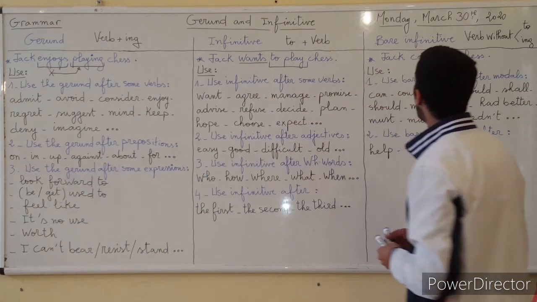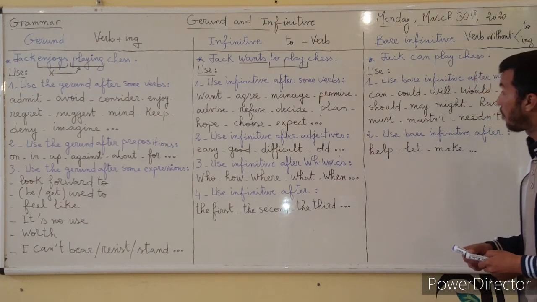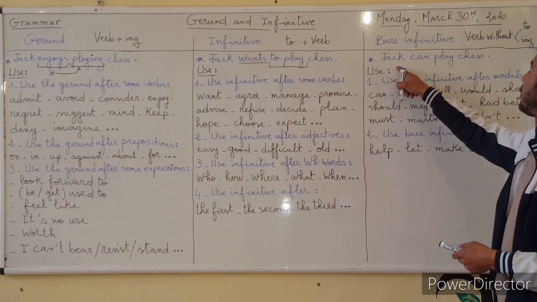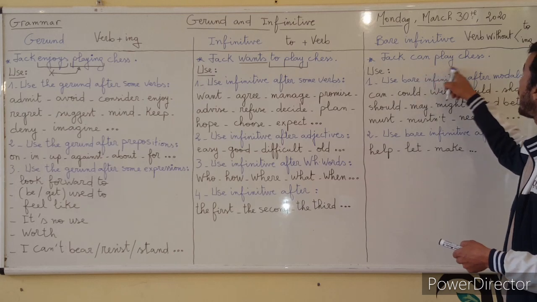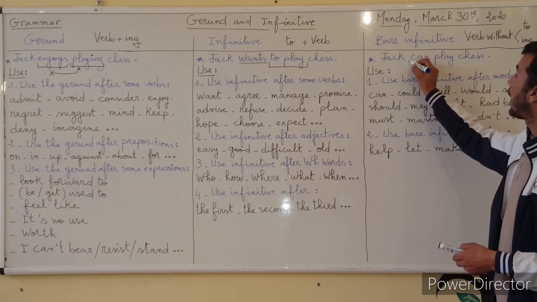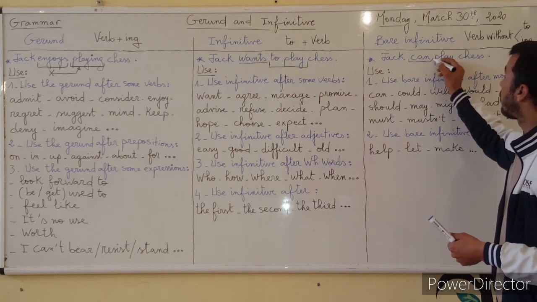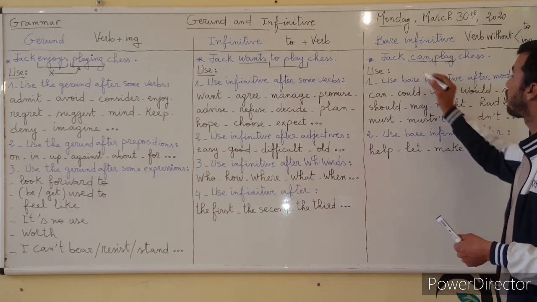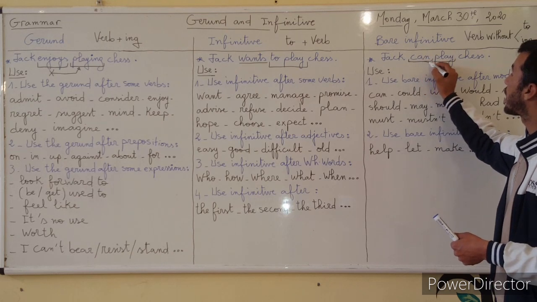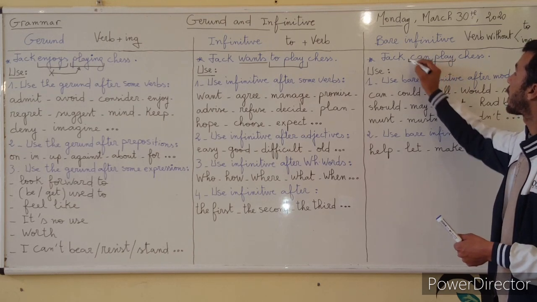Finally, back to Jack again. You can see here this example. Jack can play chess. So here we have can, followed by the verb play, again, whatever the verb is here. It's not important because, as I mentioned, what is important is the first part here.